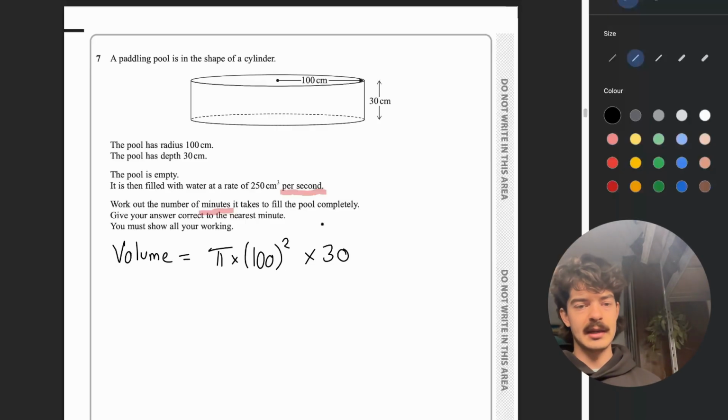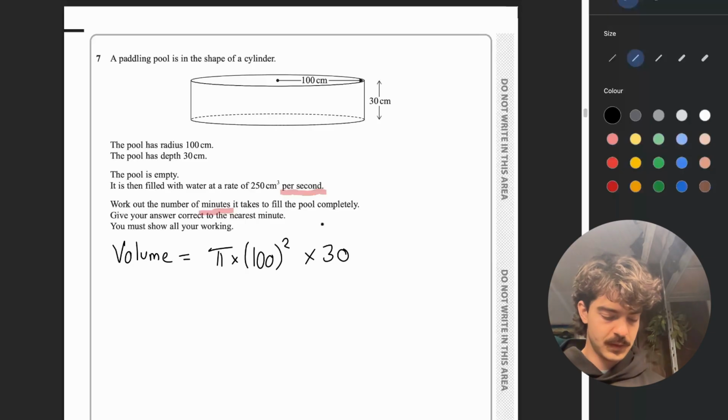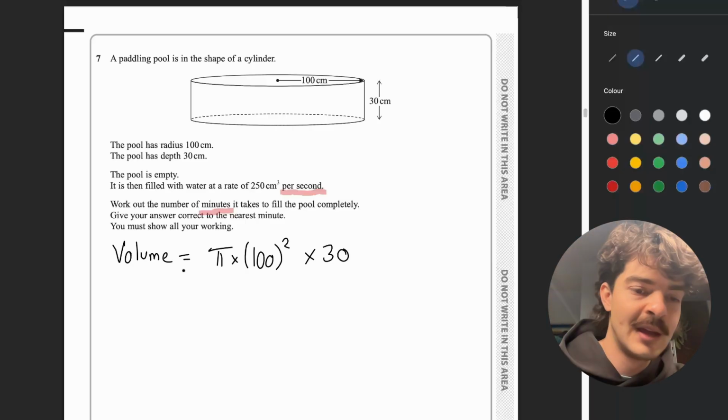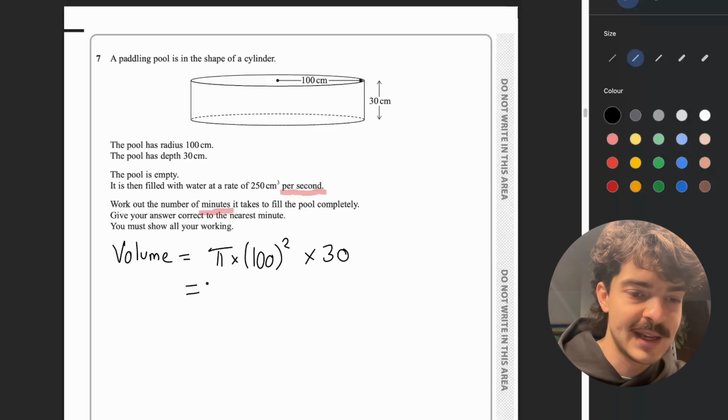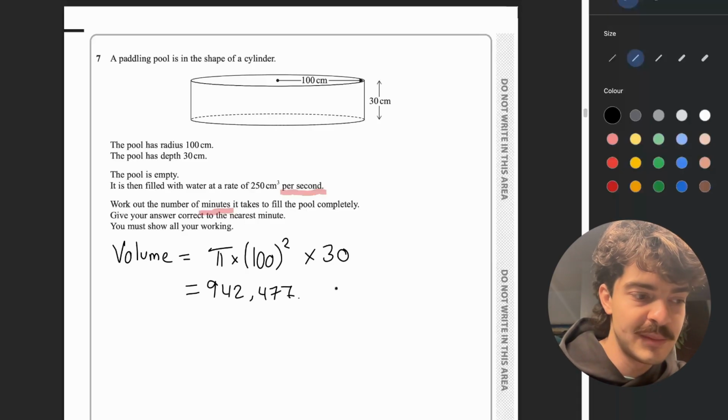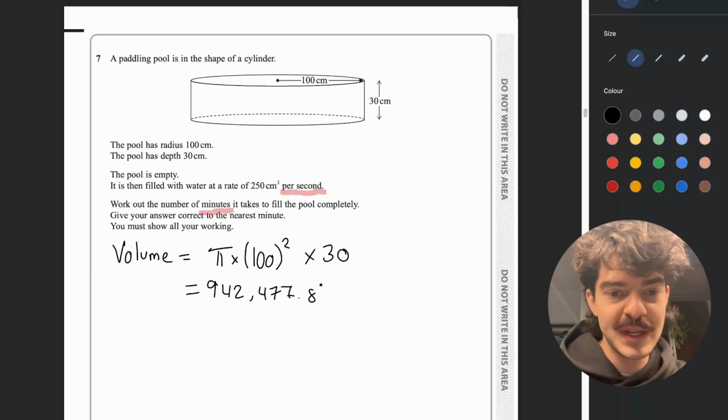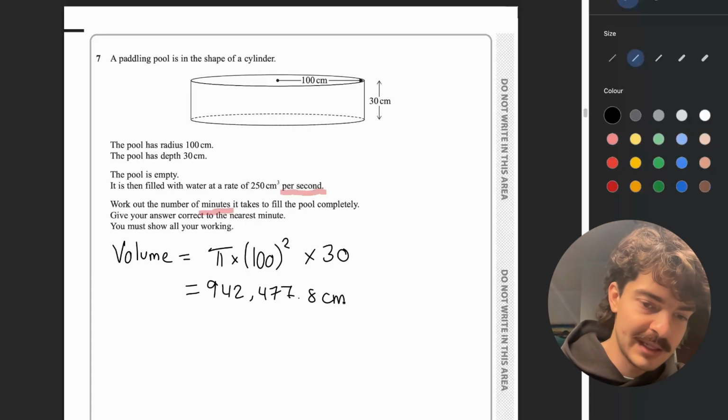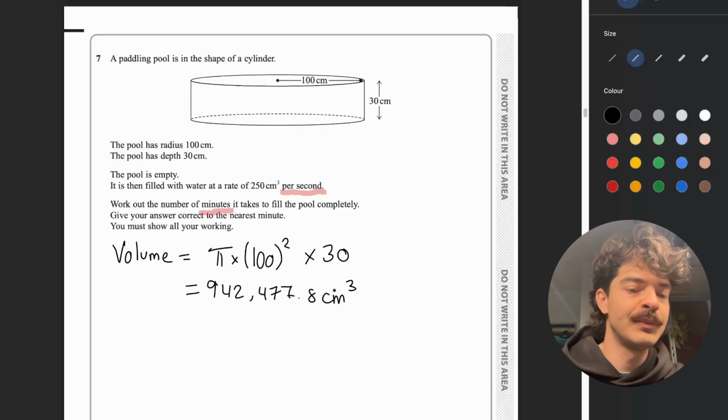So let's see what that gives us. Pi times 100 squared times 30. Woohoo! 300,000 pi, or as an actual number, let's say it's 942,477.8. That's me rounding at this point, but that's the total volume, centimeters cubed.